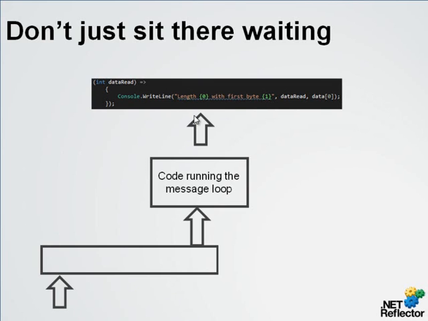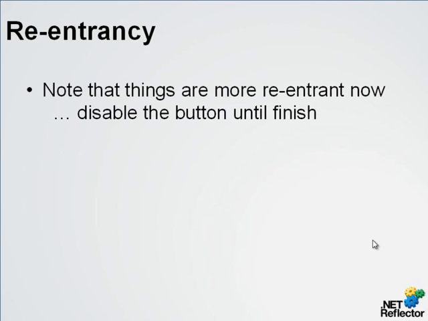So we've now managed to get things into a state where we can return fairly quickly and process Windows messages, keeping the GUI looking very, very responsive. But of course, we've introduced one or two problems in the meantime. So we've introduced reentrancy. Before, if you click the button, you couldn't click the button again because it was disabled until the click handler had finished.